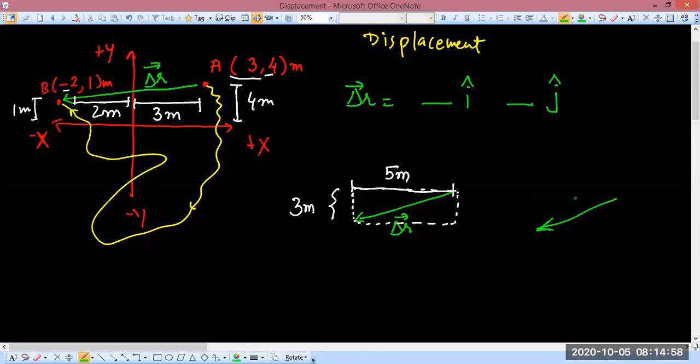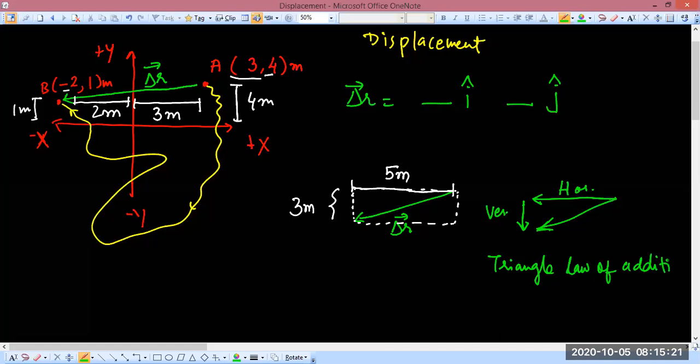If I want to make it in form of two components, the horizontal component shall be made like this, and the vertical component shall be made like this. Do you agree? I'm using triangle law of addition. Clear?